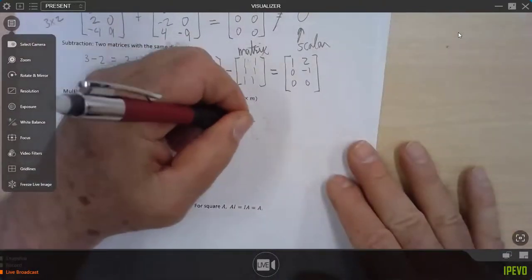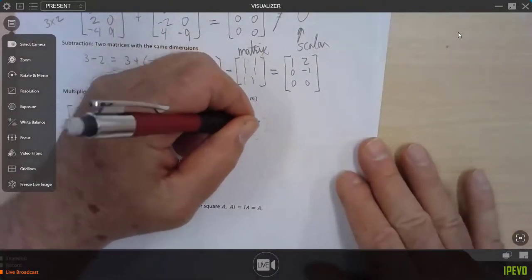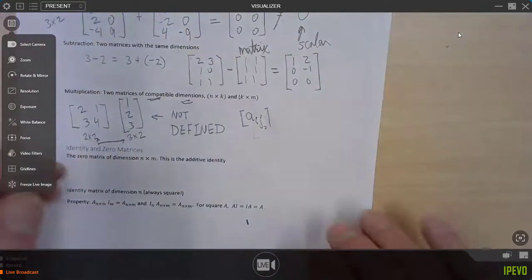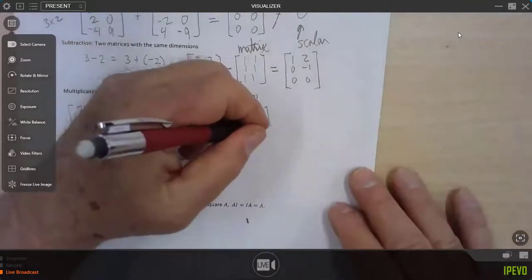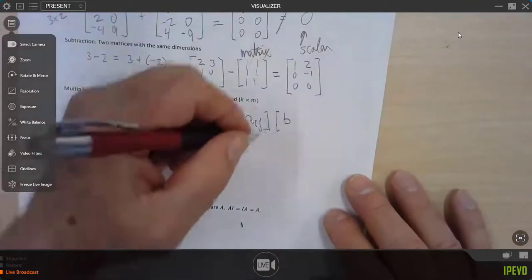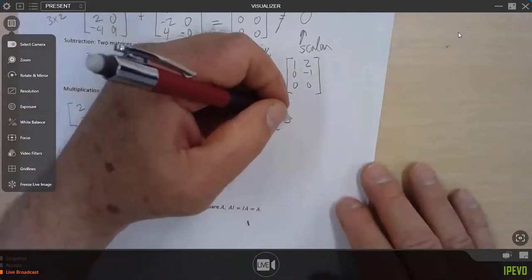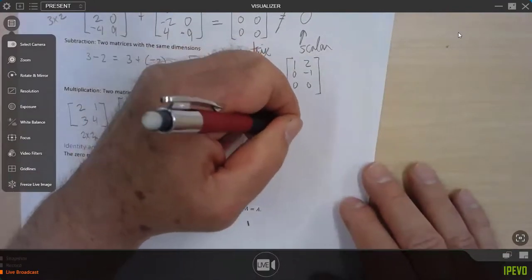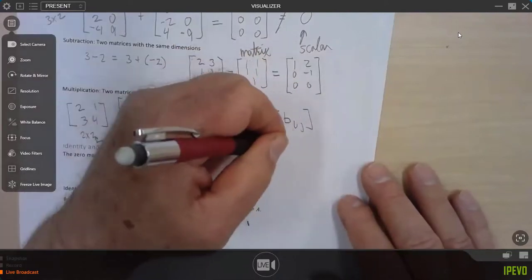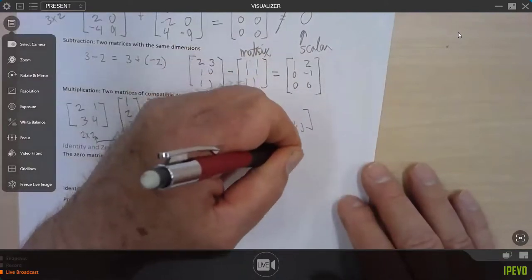The matrix with entries Aij times the matrix with entries Bij is equal to the matrix whose entries are, well, it's a sum.